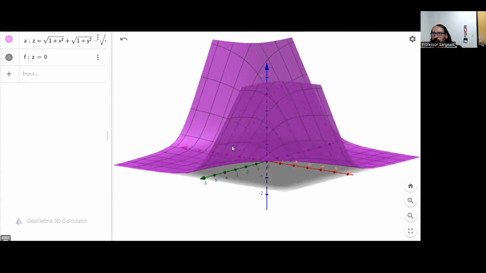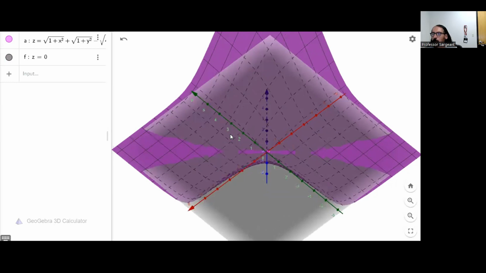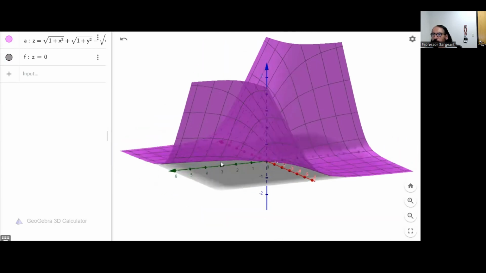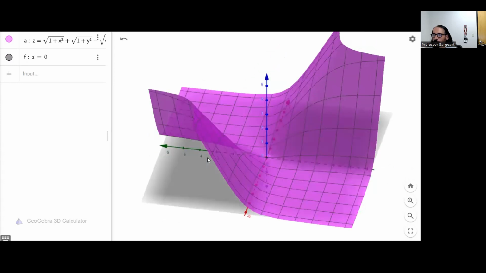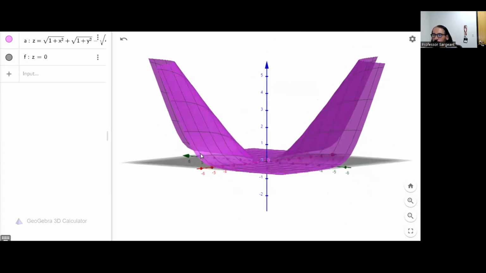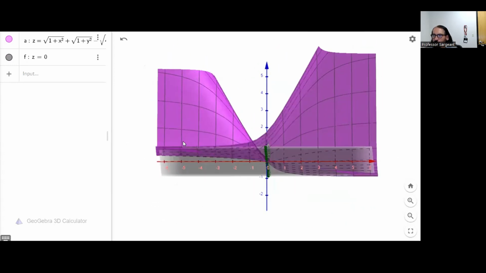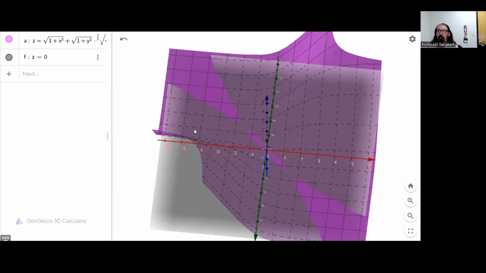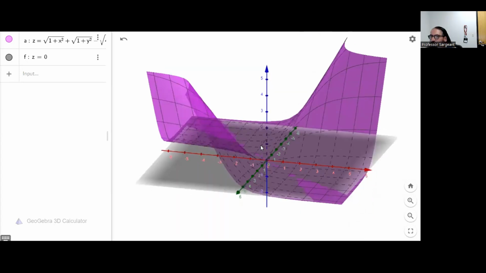So is what we're seeing in purple always above the plane z equals 0? Again, quite possibly. It's a little hard to tell when we rotate this around, but perhaps still we're looking at a limited window.